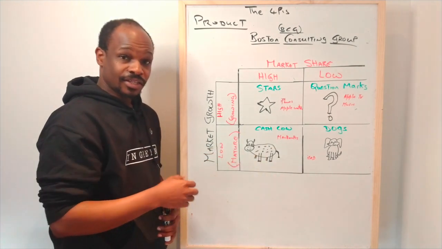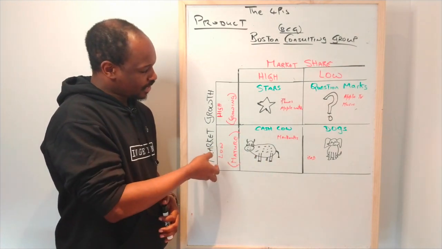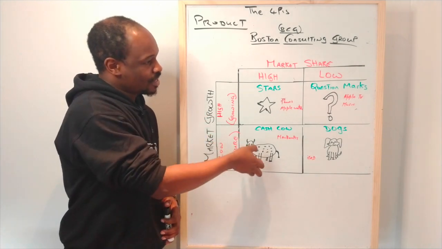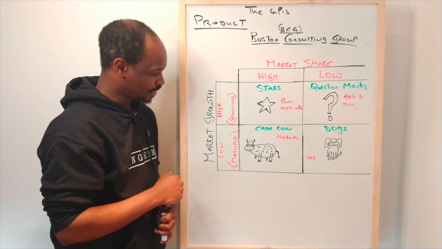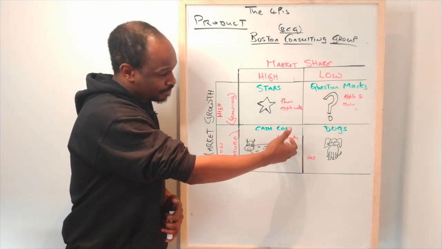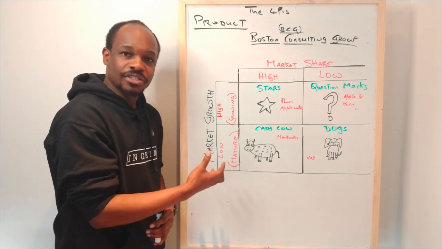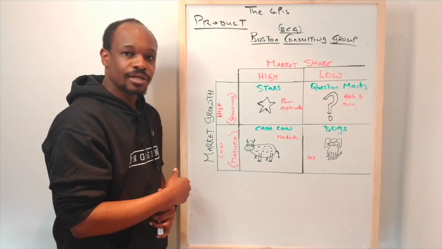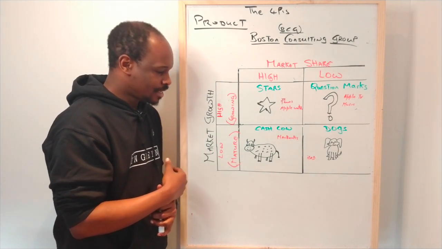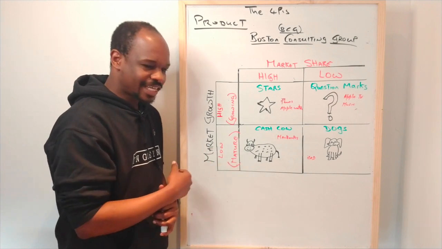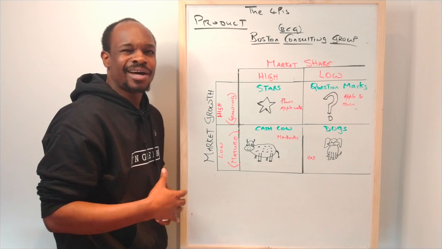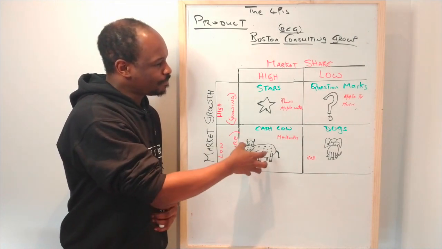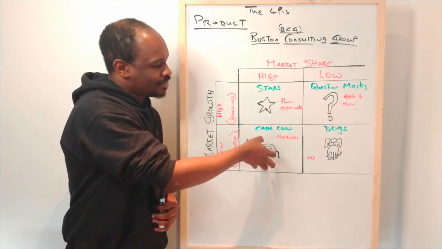For the cash cow, you're in a market with low growth but high market share. With the cash cow, you're making the money. Here I have the MacBooks. Computers, laptops, PCs are a market that is really not growing so much because more and more people already have computers, but Apple has a high market share.